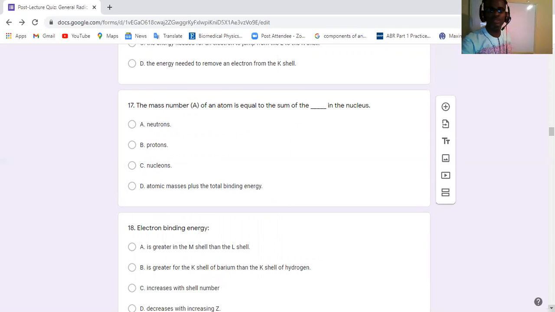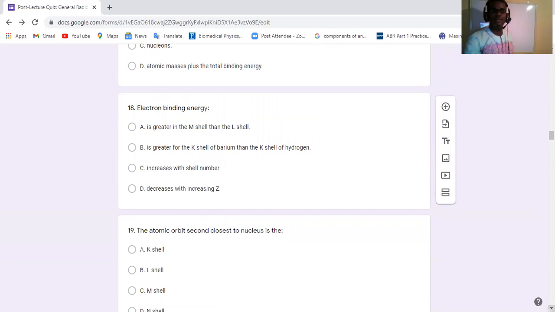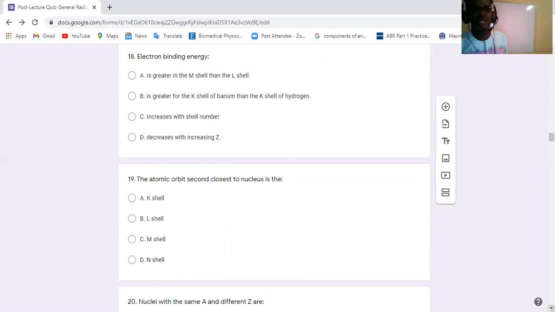That's the proton and the neutron. Electron binding energy: option B. It's greater for the K shell of barium than the K shell of hydrogen.